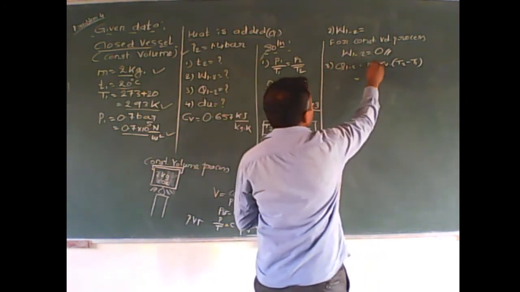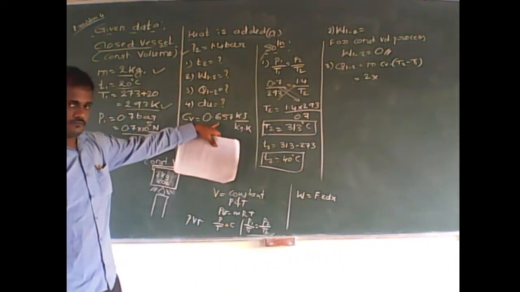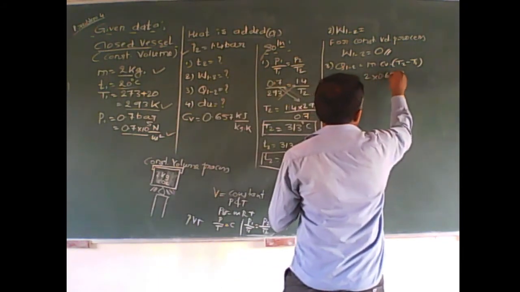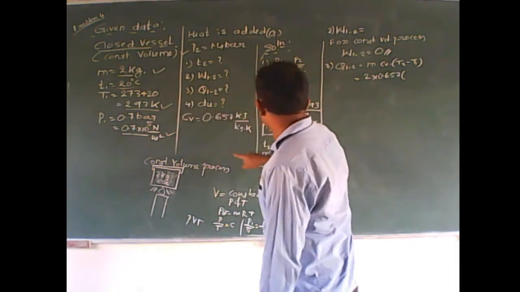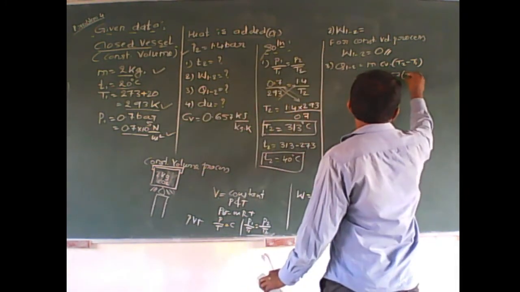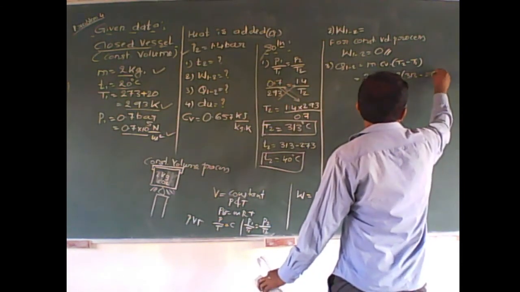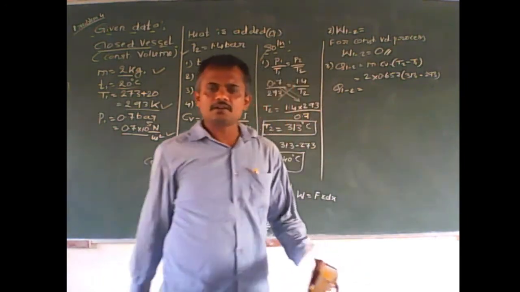So directly substitute the value of m as 2, and Cv is given as 0.657, into temperature. T2 is how much? 313 minus 293. Ultimately we can get the value of heat supplied.